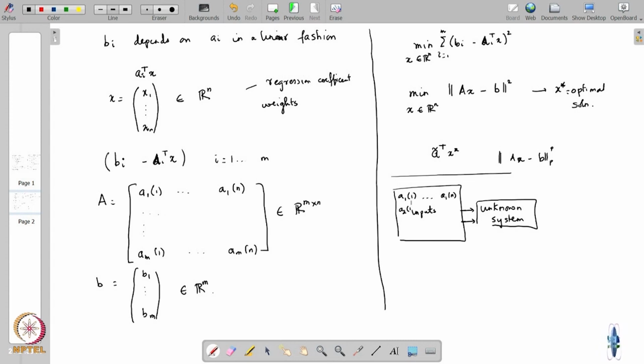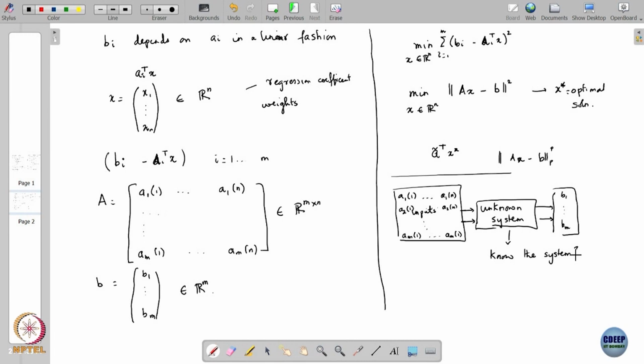Next time you provide another set of n inputs, and you have got some outputs. And what you would like to do is know what the system is like. And this is the sort of problem that results from this kind of formulation.